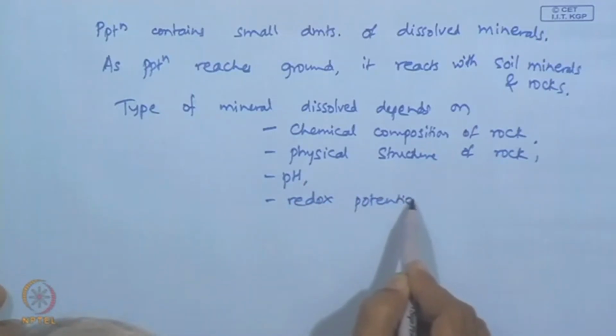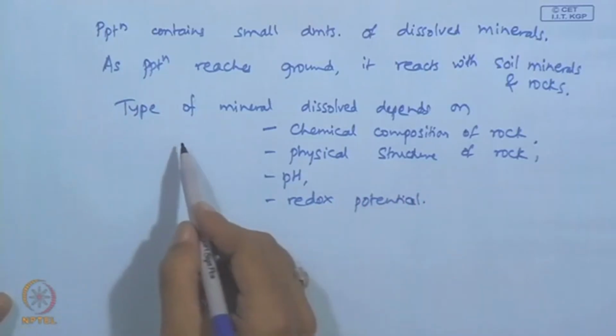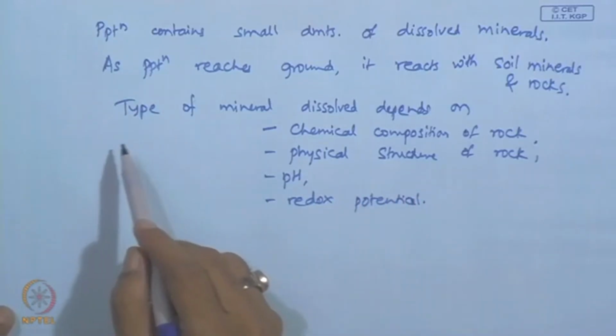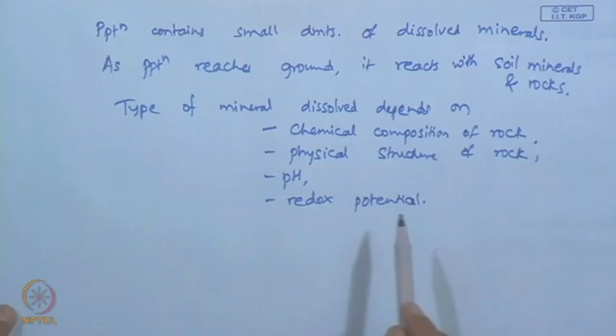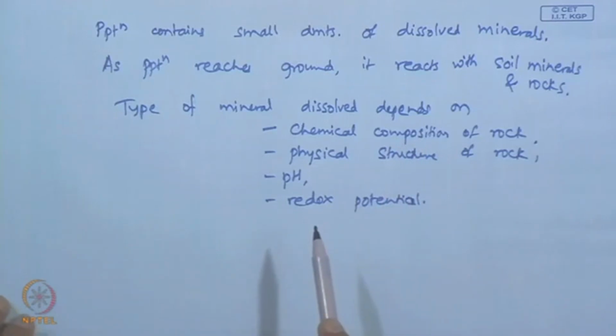So, these are the 4 factors which decide the type of mineral dissolved in groundwater.